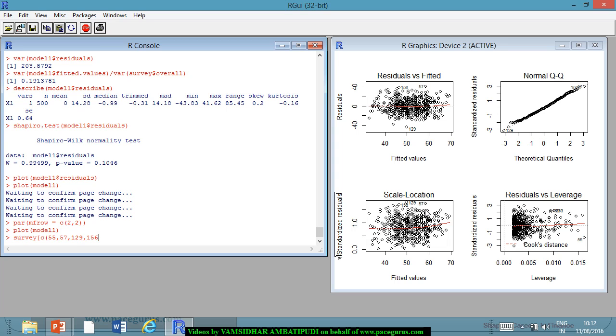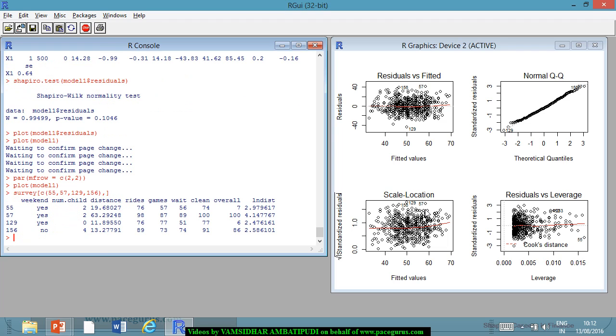So these are the numbers I would like to take, and all the columns, just for doing some quick inspection. Okay, so there are some weekends, so let's see here. The overall ratings are 7 and 6 for these numbers, which are pretty much on the lower side. But with respect to games, it looks more or less okay.